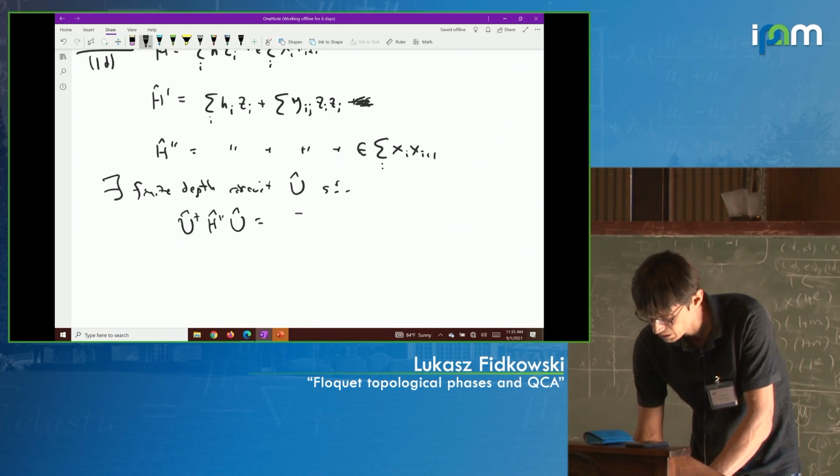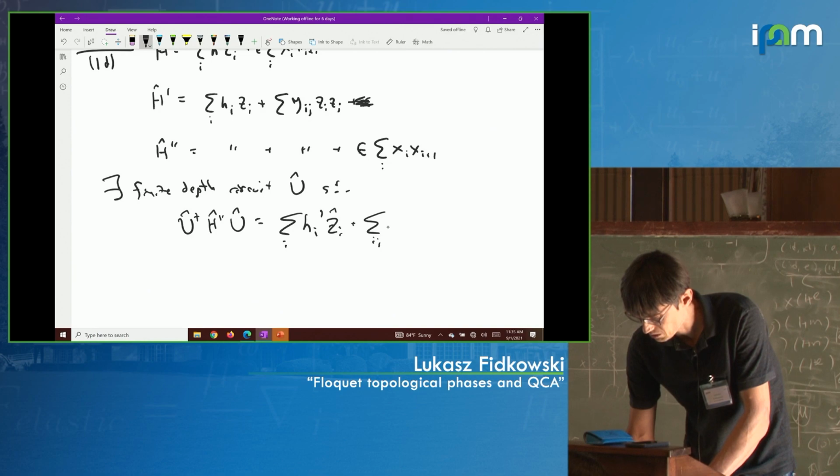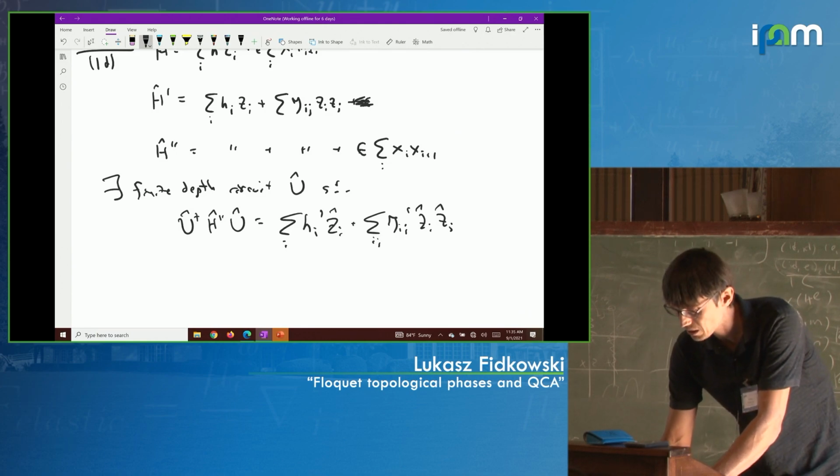So a Hamiltonian, maybe with some new values of these couplings. I'm using primes in an inconsistent way here, but that's okay. Sum over ij, Jij prime, ZiZj.